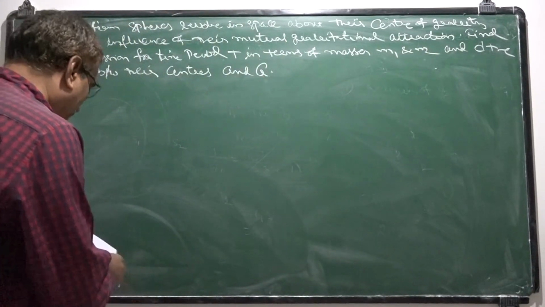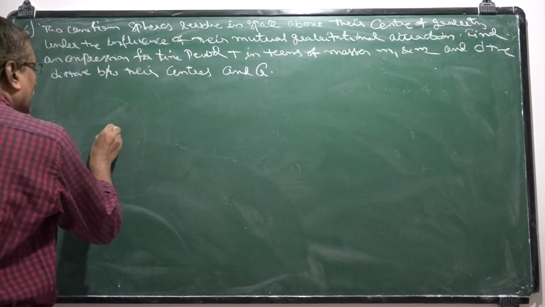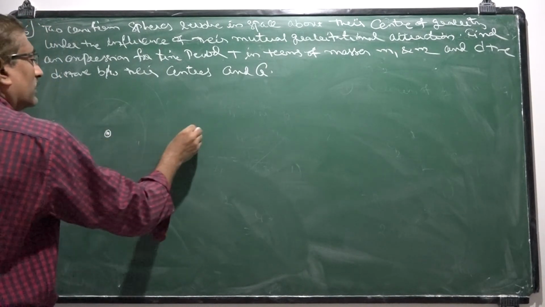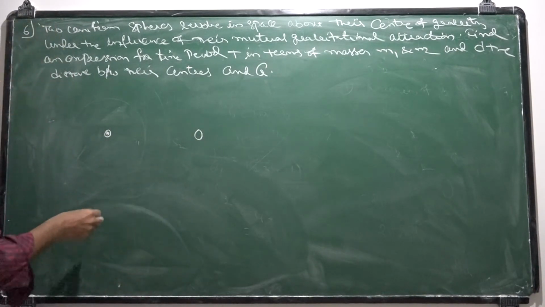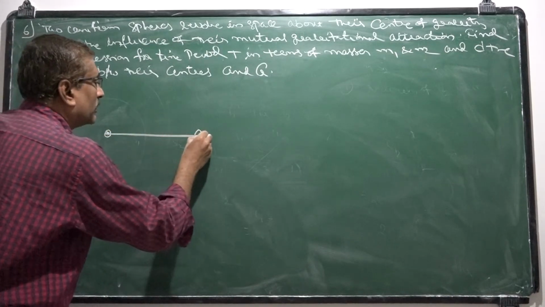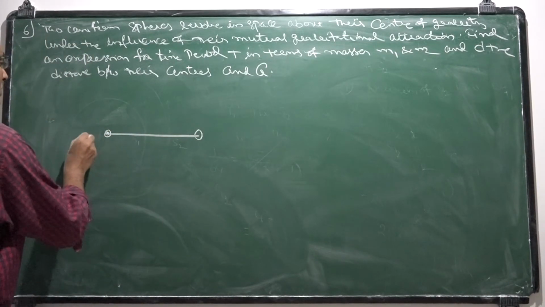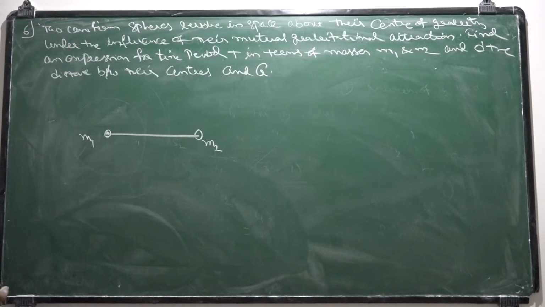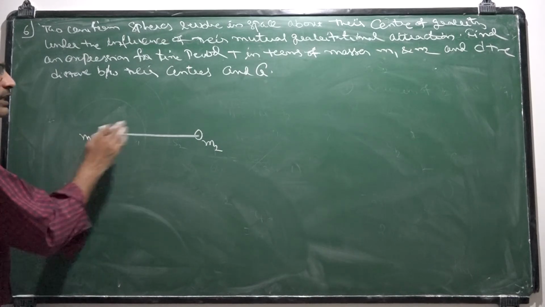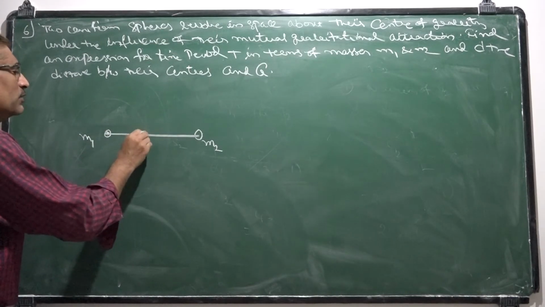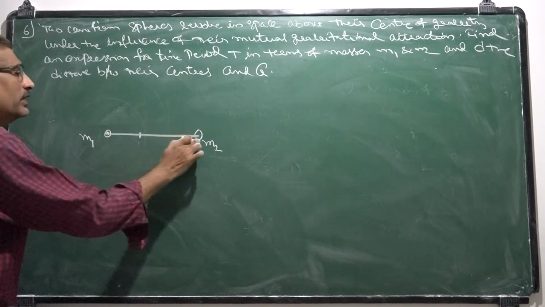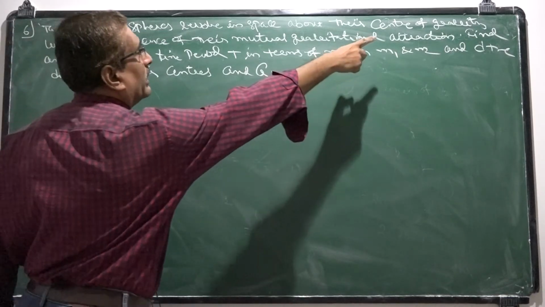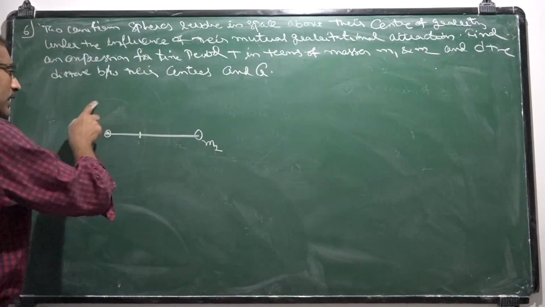Suppose we assume that the two spheres are like this: this is one sphere and this is another sphere, of masses m1 and m2. Assume that m1 is heavier, so that the center of mass is here, the center of gravity of m1 and m2. These two masses revolve about their center of gravity in orbits like this.